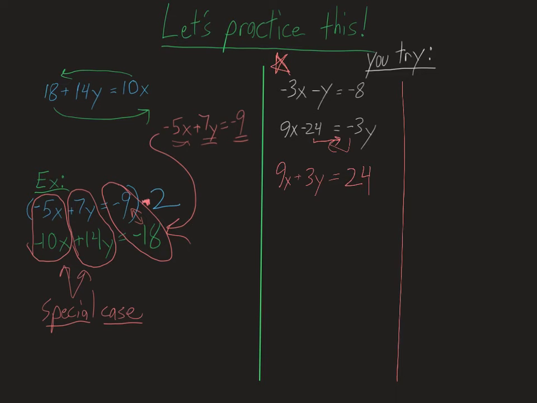Now, just between those two, I would look at those two equations and say, the negative 3 becoming a 9 is just a multiple of negative 3. The negative y to positive 3, also a multiple of negative 3. That right there tells me I'm in a special case. The x and the y terms are identical.